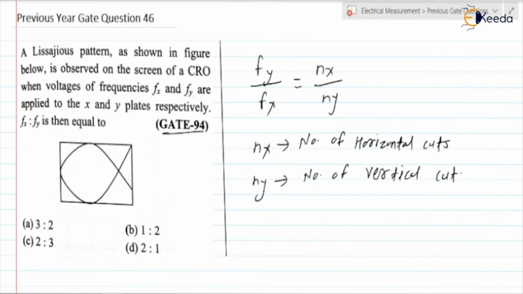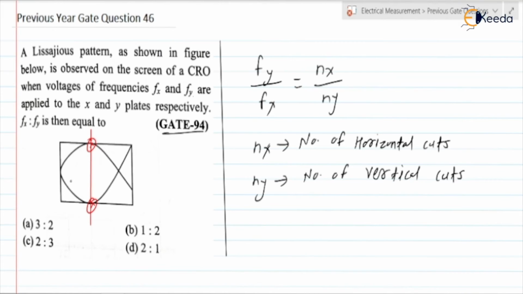So if you check horizontal cuts and vertical cuts, okay, so here if we draw a vertical line, how many vertical cuts will be there? This is the one, and here it is the second one, right?